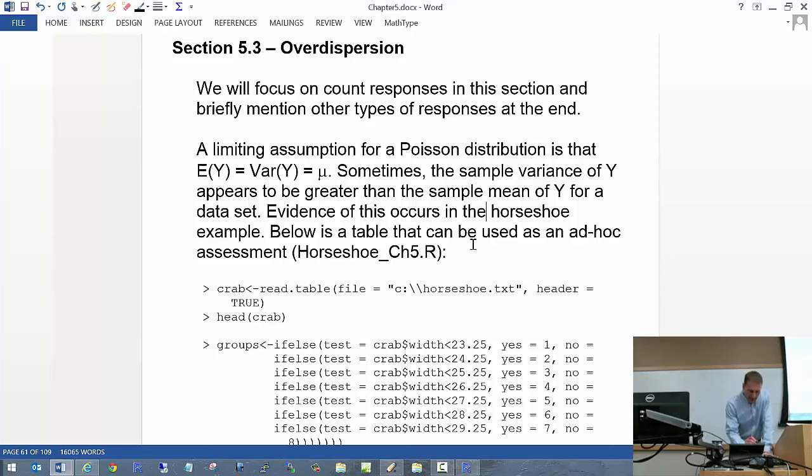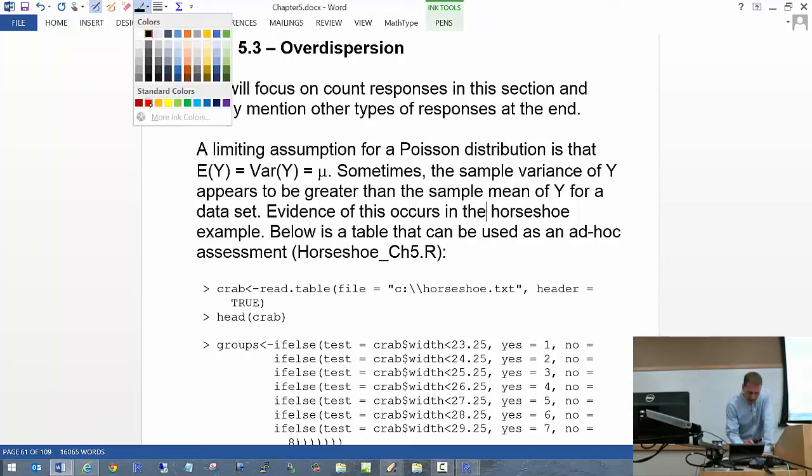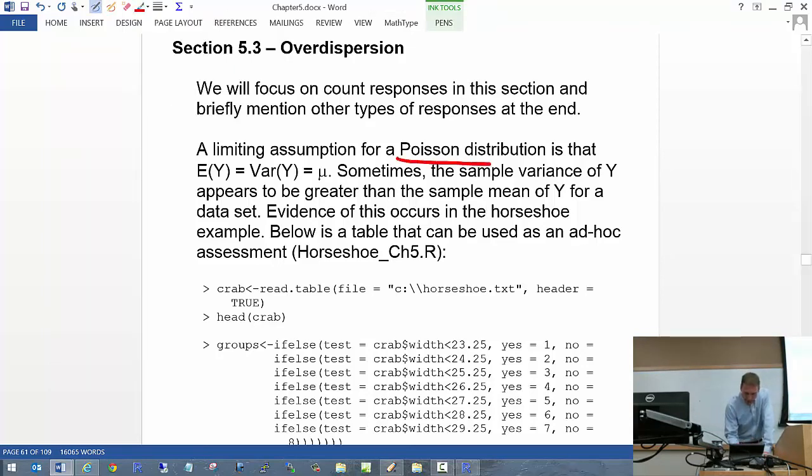Now, as I've alluded to in the past, a problem with using the Poisson distribution is that the expected value of Y is equal to the variance of Y. That's just the way that the Poisson distribution is set up. But what can often happen with actual data is this: let's say you find the sample mean for a data set with count responses, and then you also find the sample variance of your data.